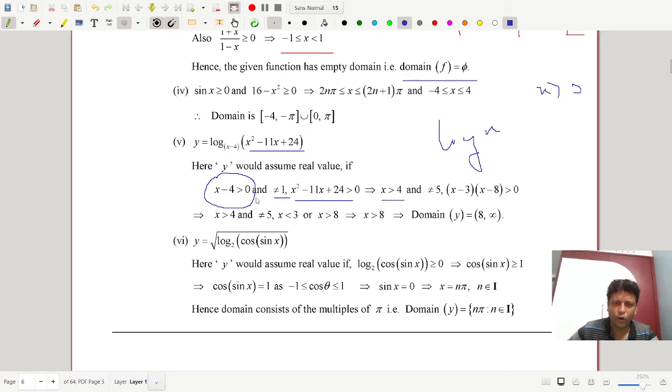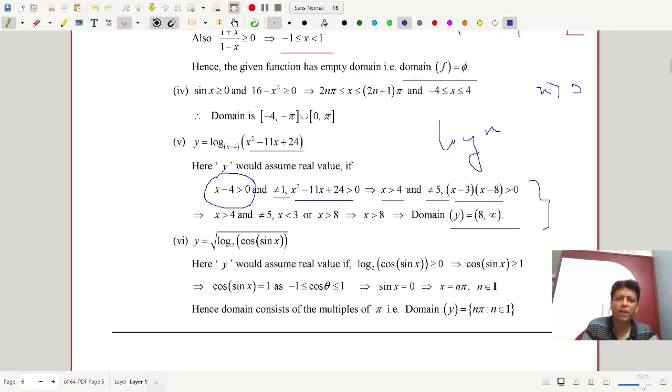X greater than 4 and not equal to 5. And if you factorize this one, x square minus 11x plus 24, that will give you x minus 3 into x minus 8 factor. Again, you have the same concept and take the intersection, you will get the domain as 8 to infinity. I think this part is easy.